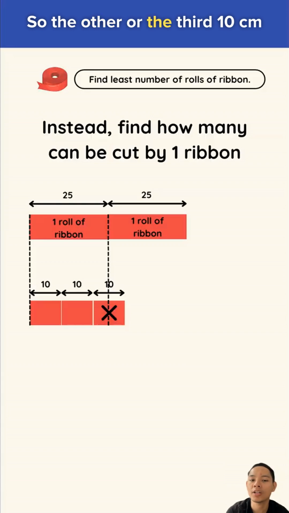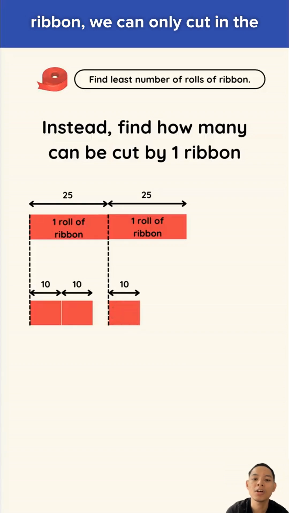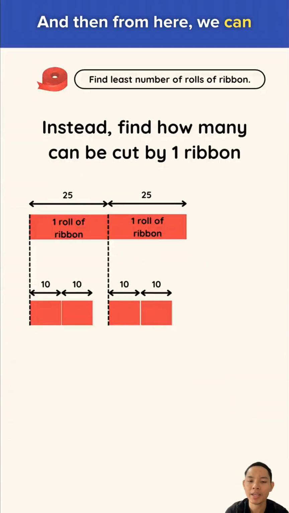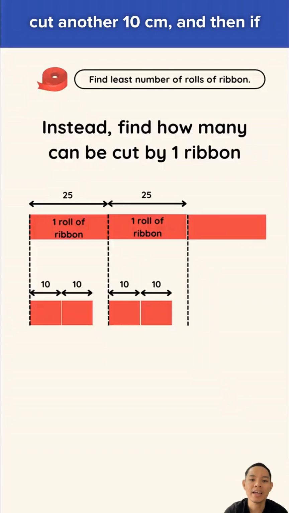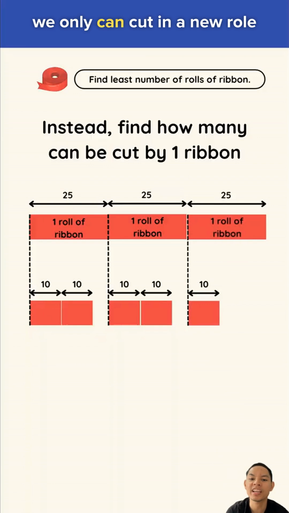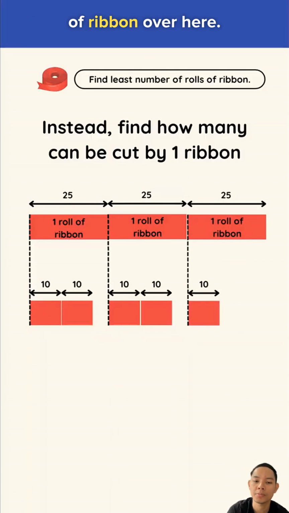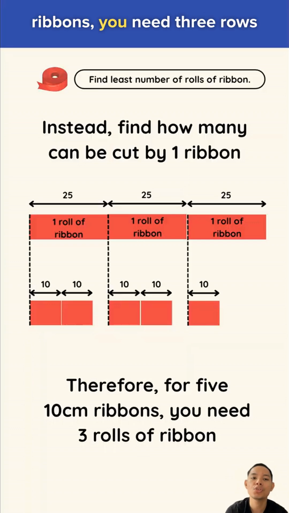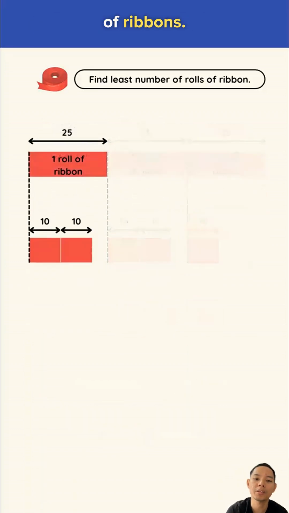So the third 10 centimeter ribbon we can only cut from a new roll, and from there we can cut another 10 centimeters. If you want to cut the fifth one, we learned our lesson that we can only cut it from a new roll. Therefore, for 5 ribbons of 10 centimeters, you need 3 rolls of ribbon.